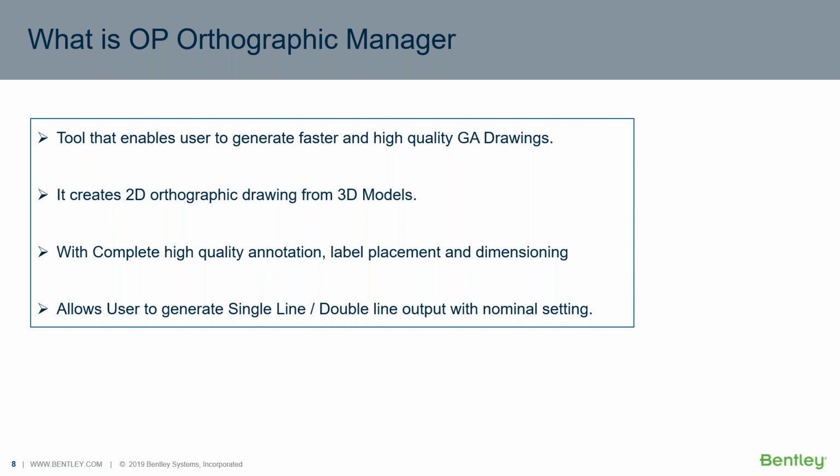All sorts of things you can have complete clarity on, or you can automate that as well. We will see that further. It allows the user to generate single line, double line. We have already spoken about nominal setting. That can be made as a setting, and then you get drawings very quickly.